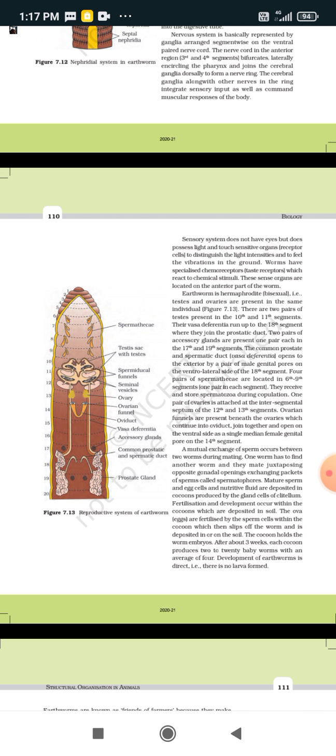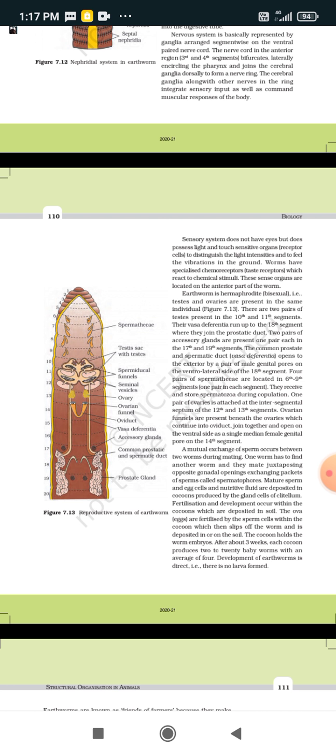Now, a pair of ovaries is attached at the intersegmental septum between the 12th and 13th segment. Ovarian funnels are present beneath the ovaries, which continue into the oviduct.